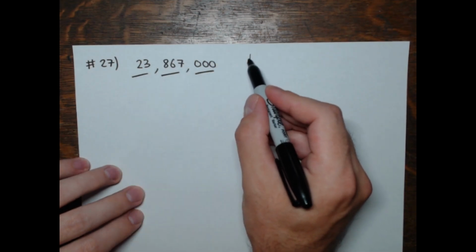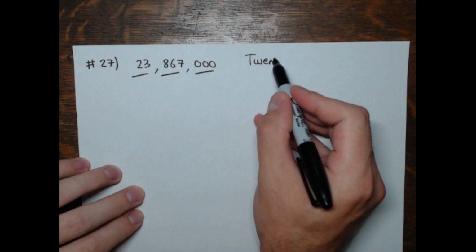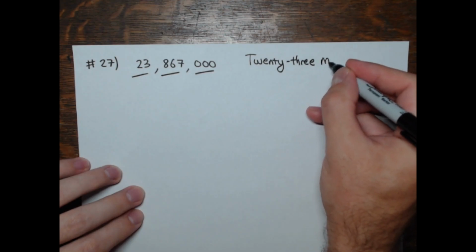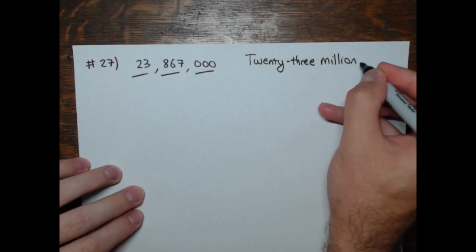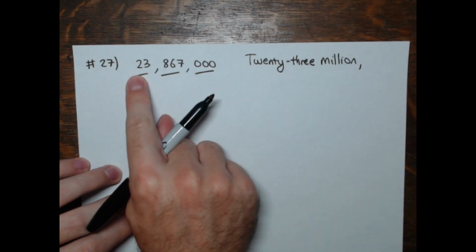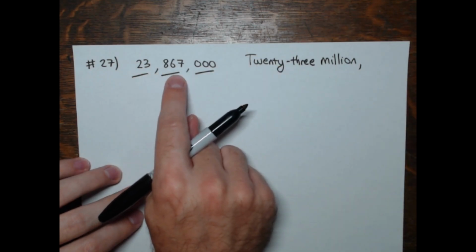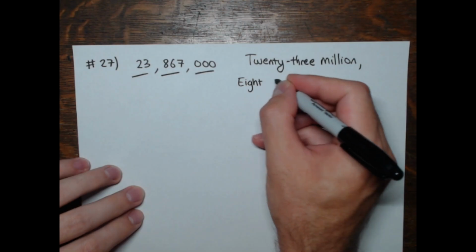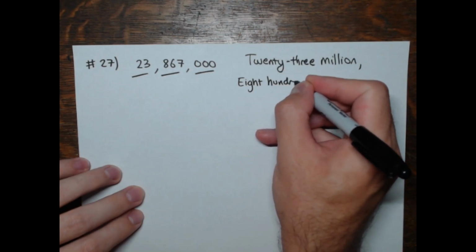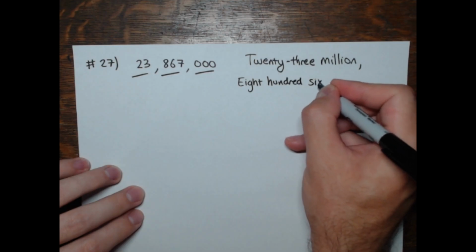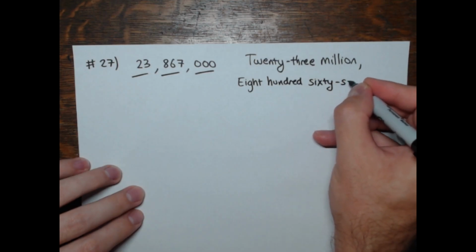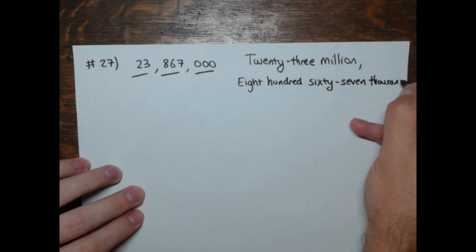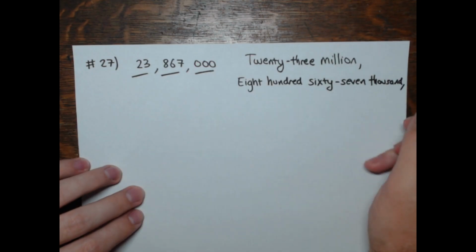So we have 23 million, comma, 867,000, comma, well, and that's it.